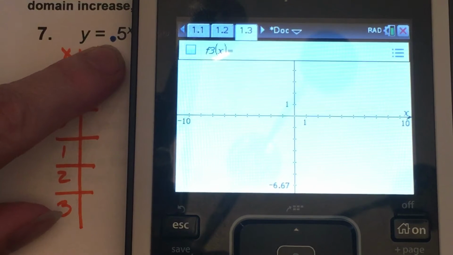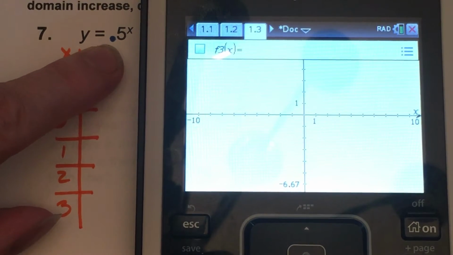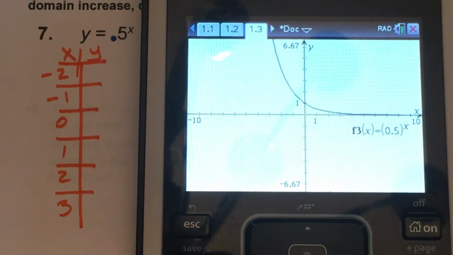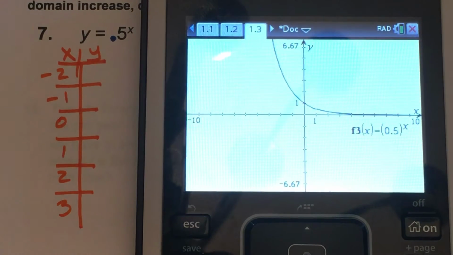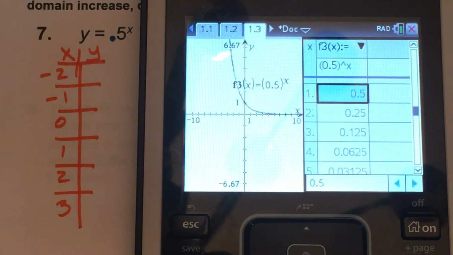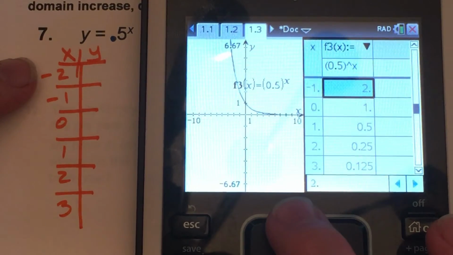Let's type this in. So 0.5 caret x. Hey, that looks very familiar. All right, so let's go get your table so that we can fill in our own.